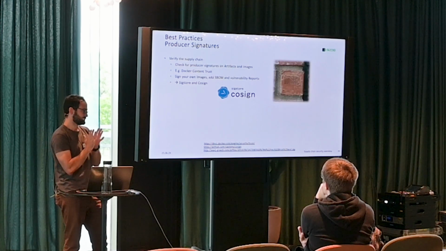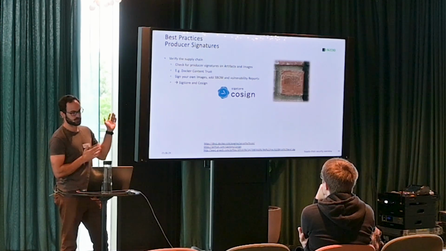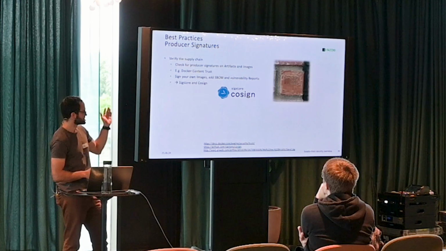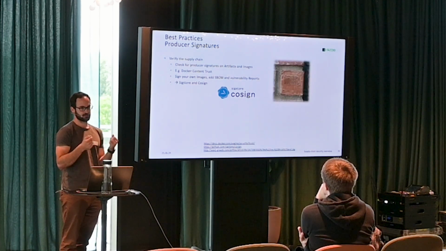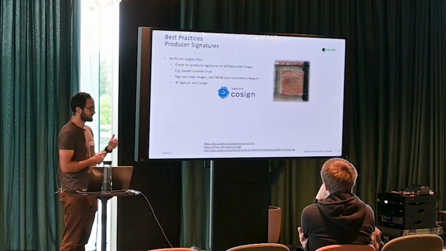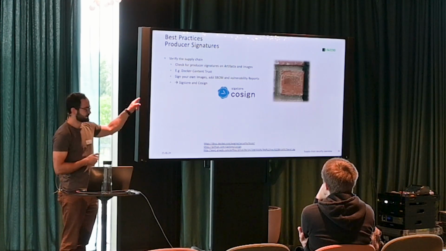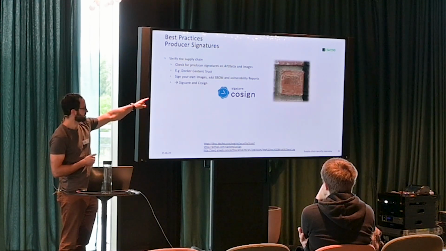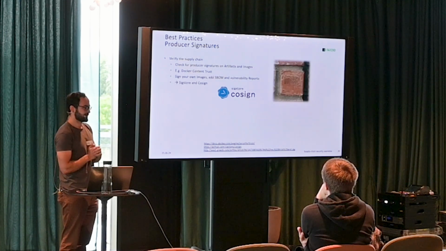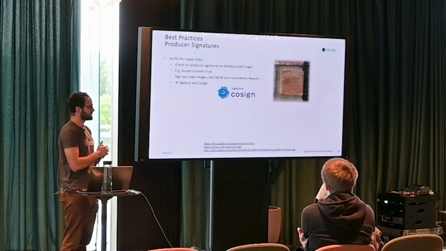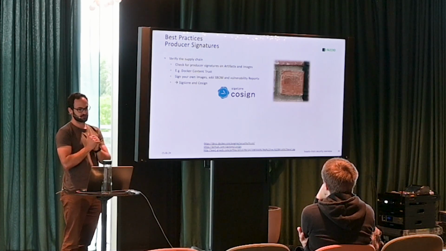Established repositories like Docker have the Docker Content Trust for this. More open source is Sigstore and Cosign, and they can sign your Docker images and the artifacts attached to them. The bill of materials, the software bill of materials, the SBOM, is a horrible name, but the software bill of materials can also be attached to your Docker images, and also the vulnerability reports you just generated.